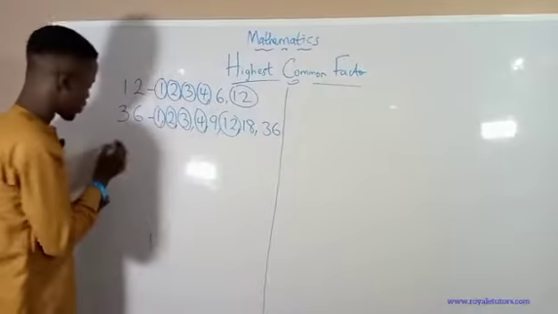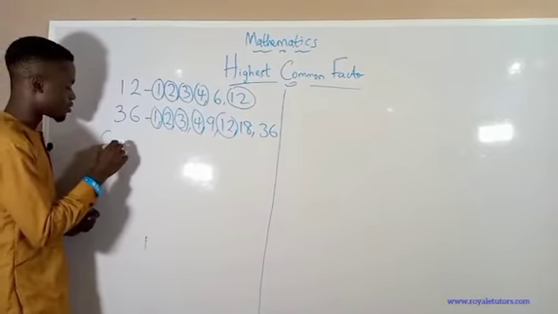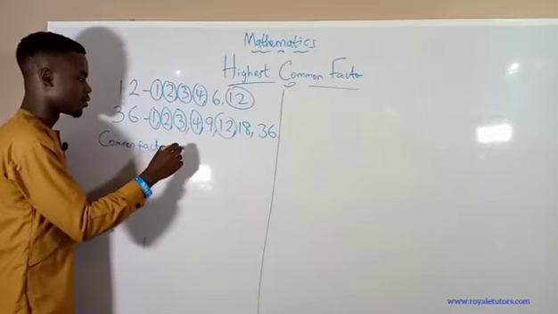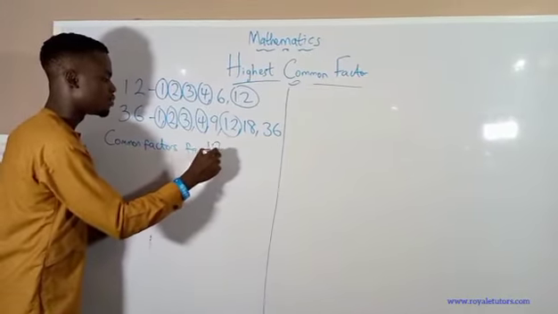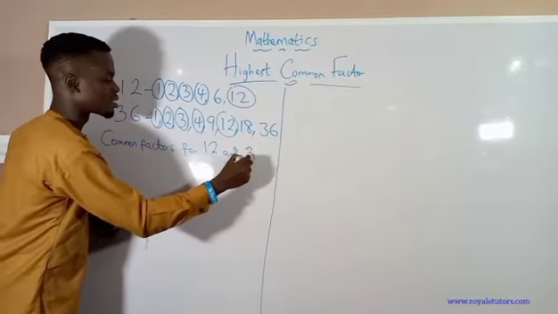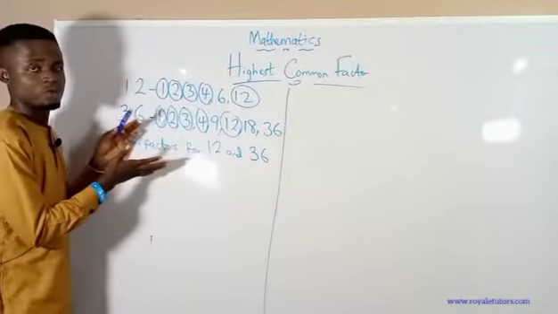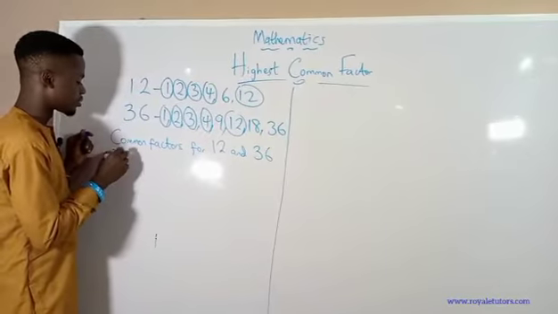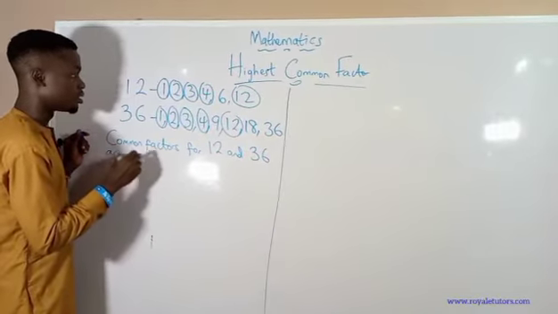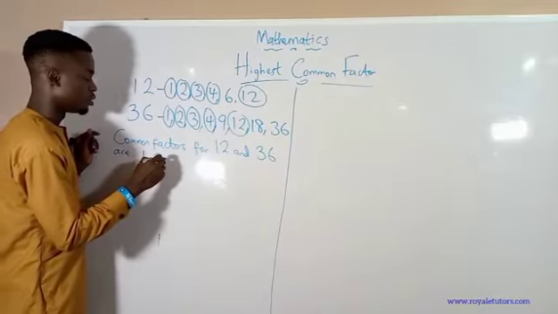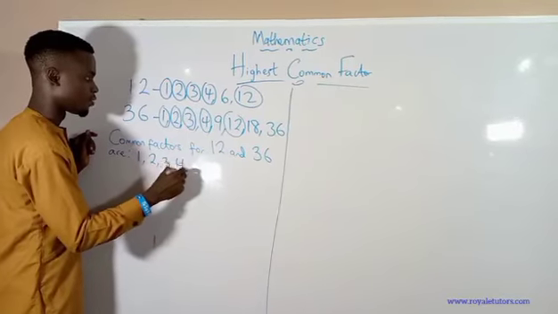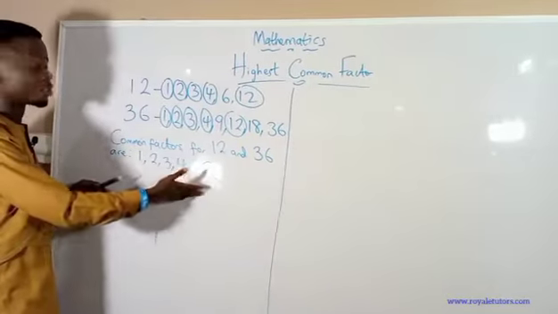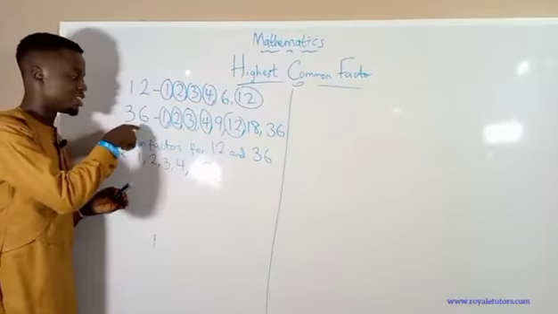So we can say that common factors for 12 and 36, that is the ones common to the two of them, are 1, 2, 3, 4, and 12.